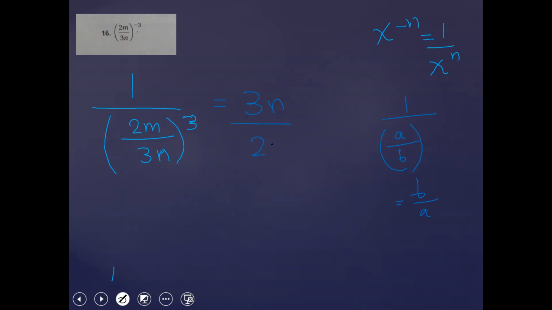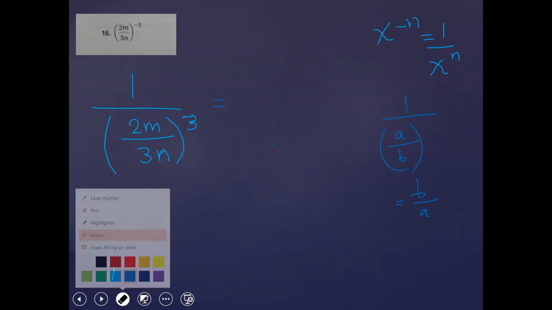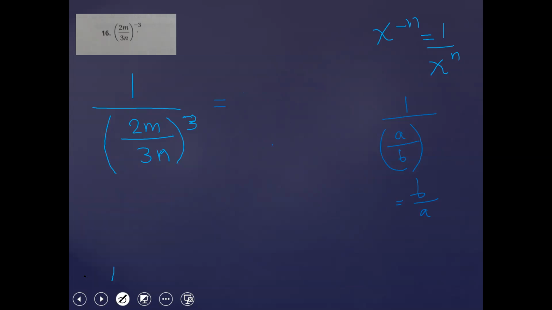Or you can say before that, it's easier for you: first find the answer, then write the reciprocal. It is 1 over 2m over 3n. If you see 2 over 3 squared, is it 2 squared over 3 squared?